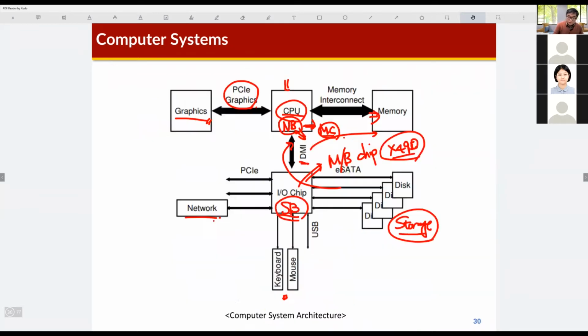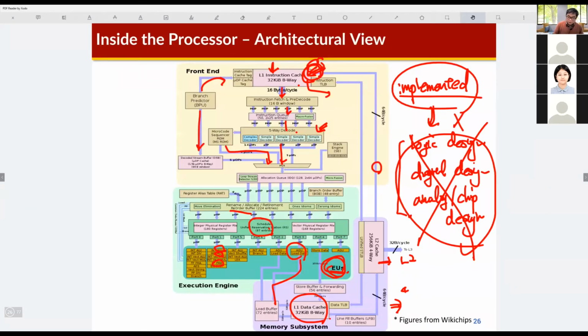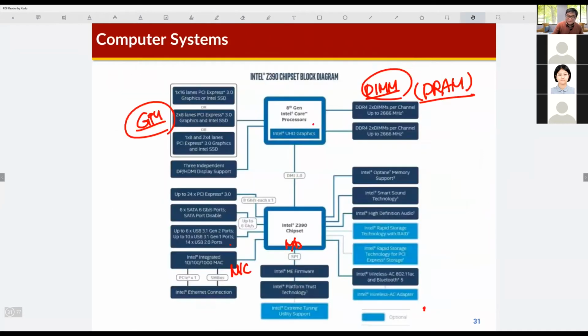And this figure is just a very small part of that figure, like a small core of this processor. So these are the different levels of abstraction. Okay.